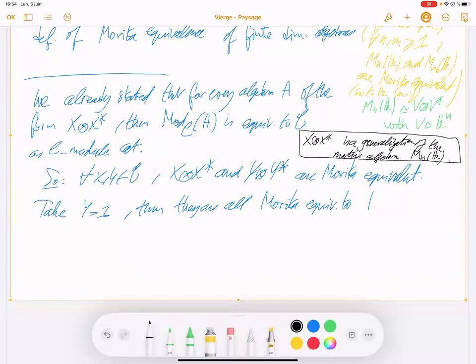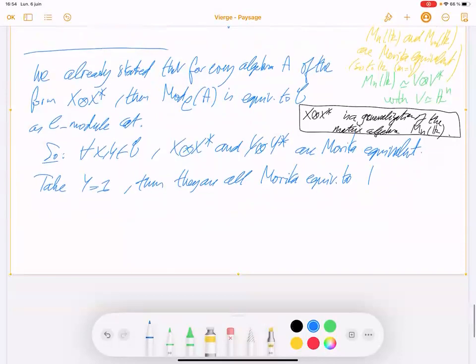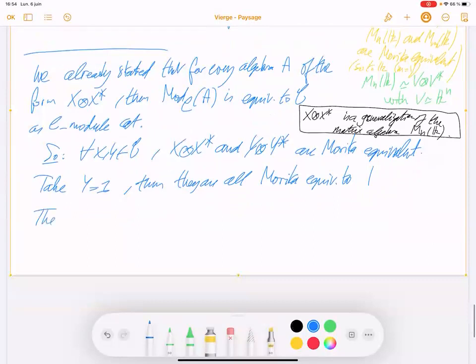Okay, so let me finish by stating that the converse is true: any algebra object Morita equivalent to 1 is of this form. And this will be enough for today.